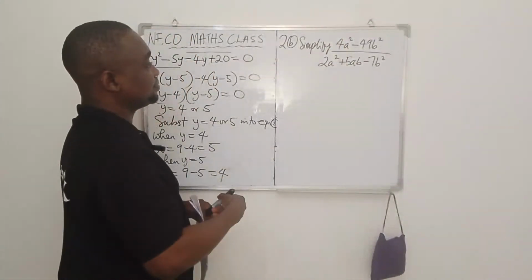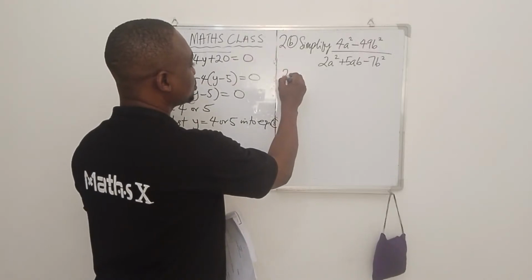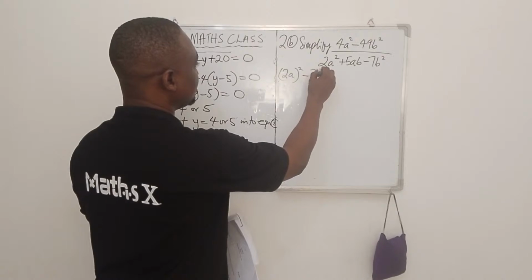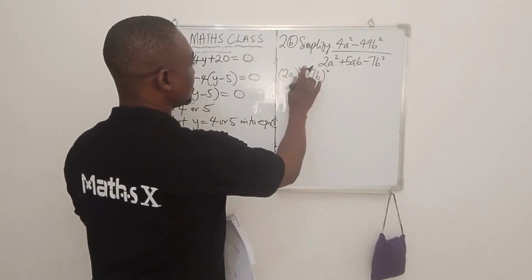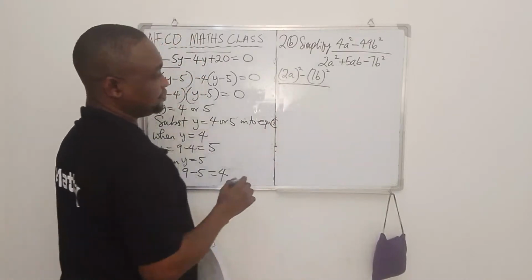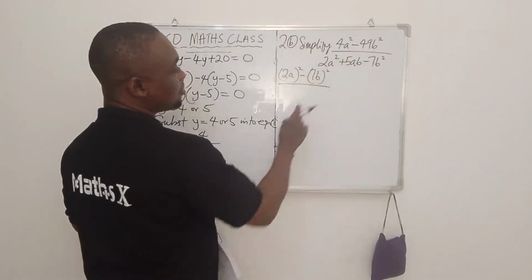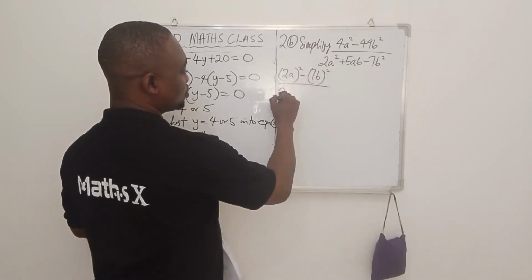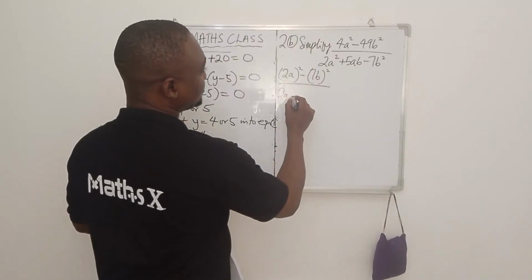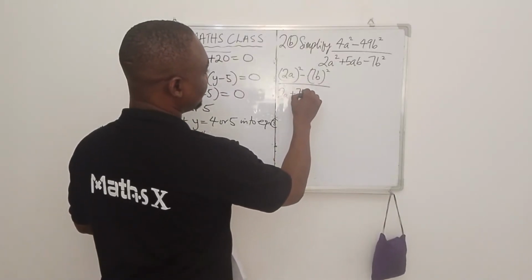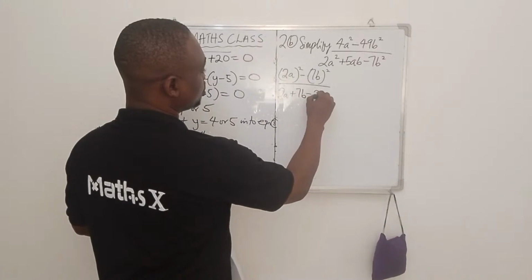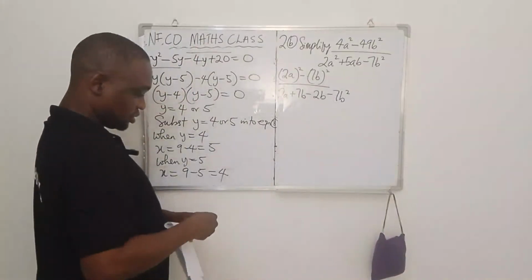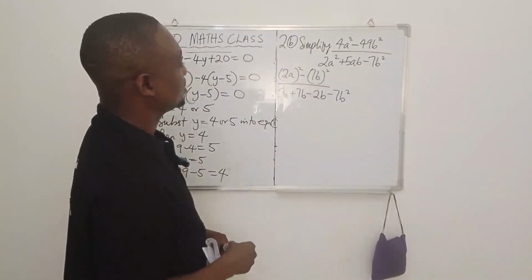Let me show you what I mean. I will have 2a all squared minus 7b all squared over the denominator.